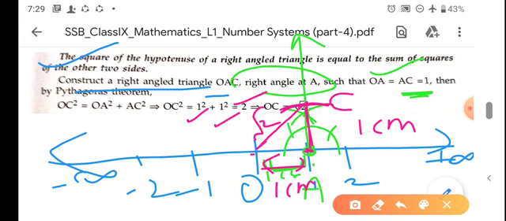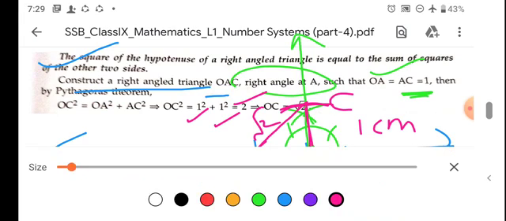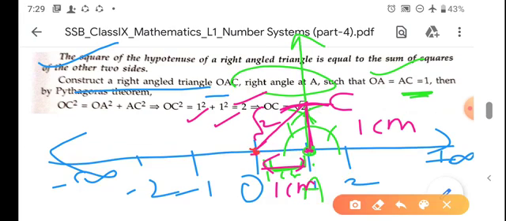Now we take this point O as the center and OC as the radius, and by filling the distance in the compass we draw an arc. It will meet somewhere between 1 and 2. So this is your 1, this is your root 2.